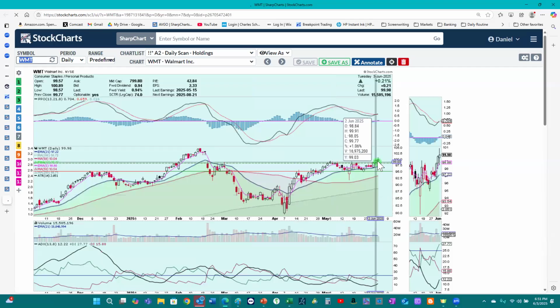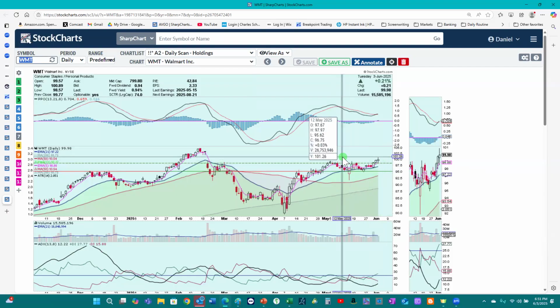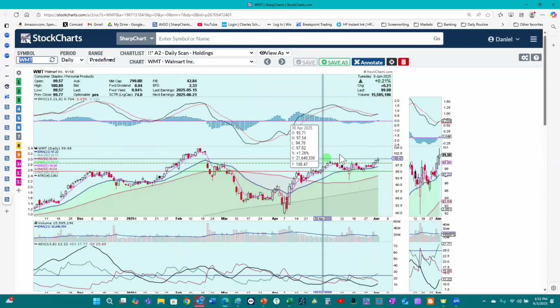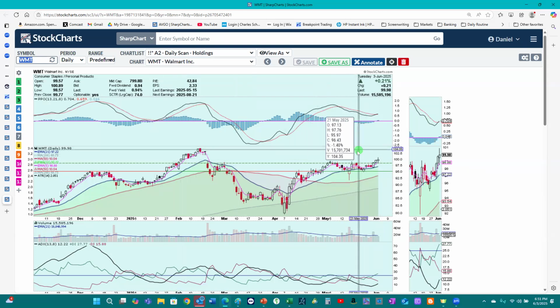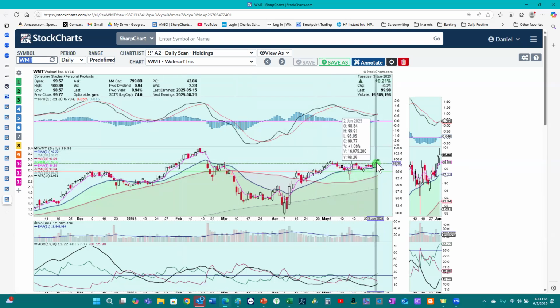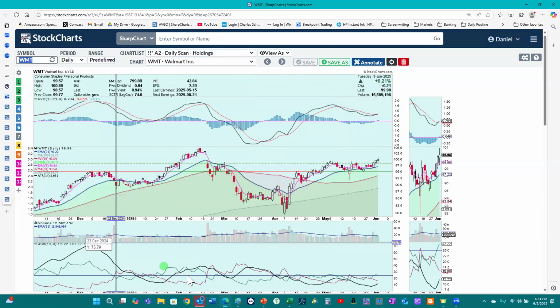Walmart is above our buy price, and we moved the stop up on this as well, up to 95. So that helps. The goal is to move it up to break even at some point, or take a nice profit. So right now we're at 99, about $100 right now.